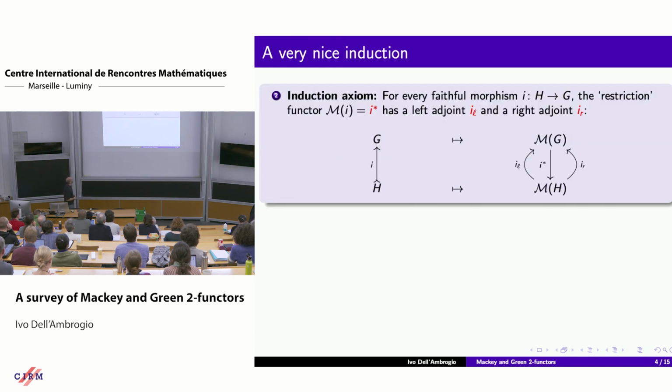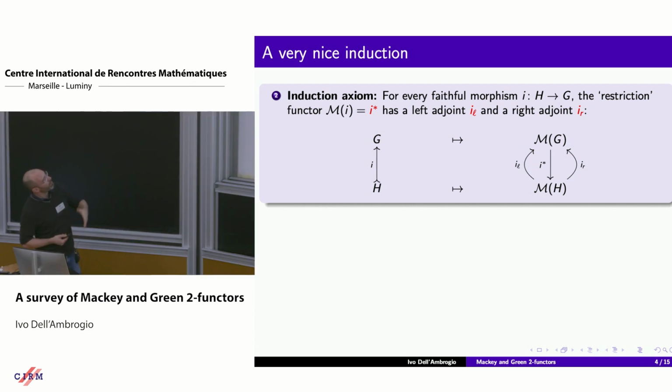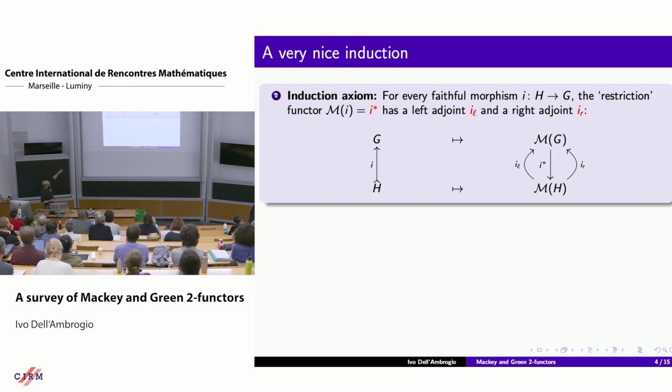Now, what else? Well, we want nice inductions. So the functoriality coming with the 2-functor is what I would call a restriction, and this is induction. So the induction axiom says for every faithful morphism of groupoids, the given restriction functor from M of G to M of H, if the morphism went from H to G, then what I would call I upper star, the restriction along I, has a left adjoint I_L and a right adjoint I_R, okay?